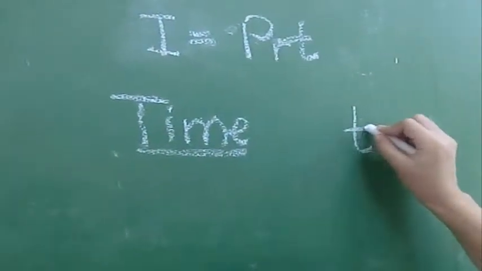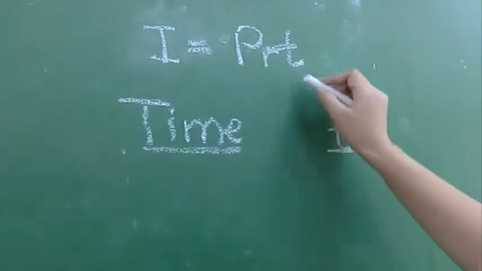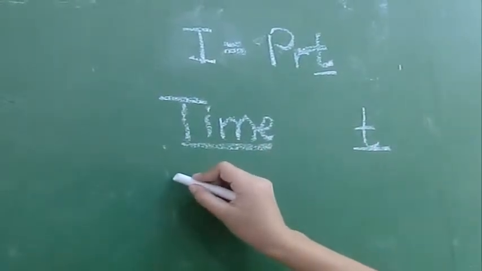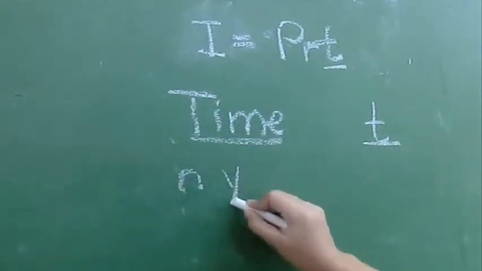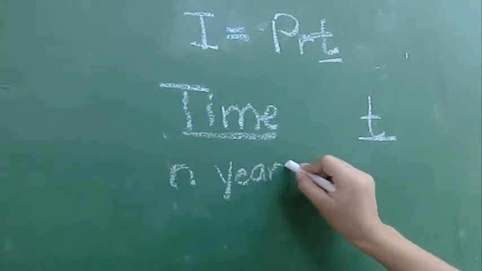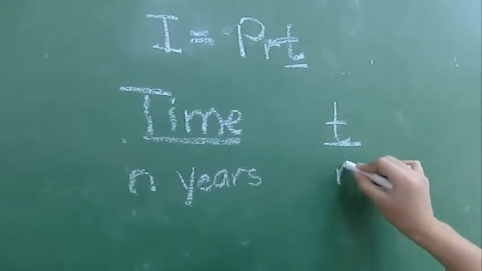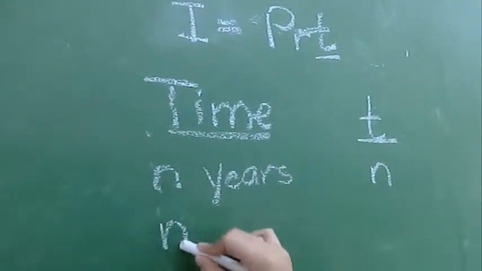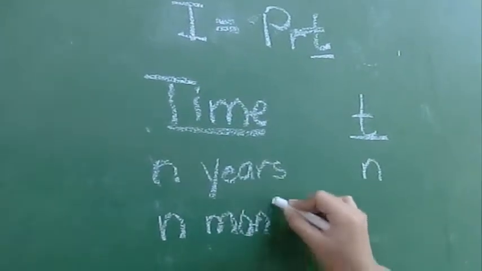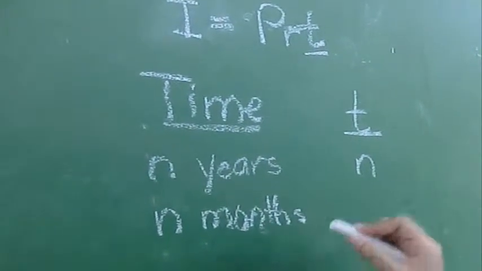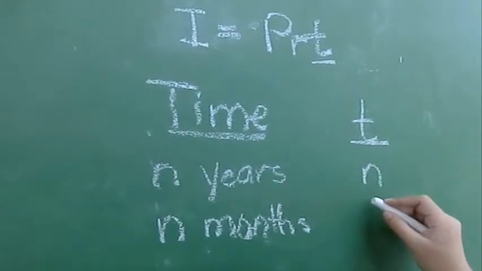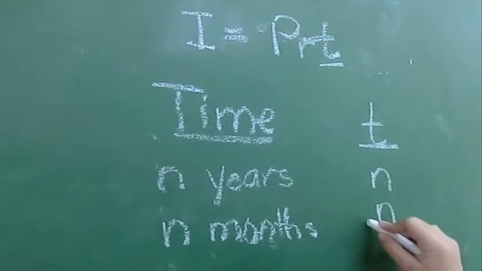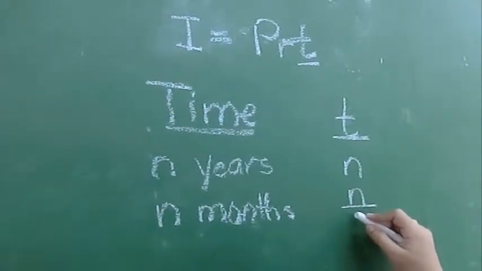Since T is expressed in years, if the given time is in years, it is simply N. And if the given time is in months, take note that in 1 year we have 12 months, so we can represent the time as N divided by 12.